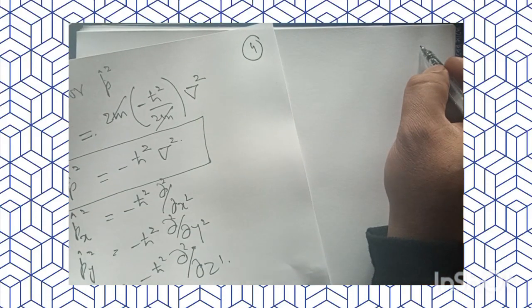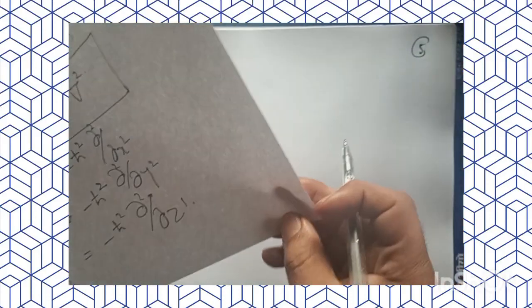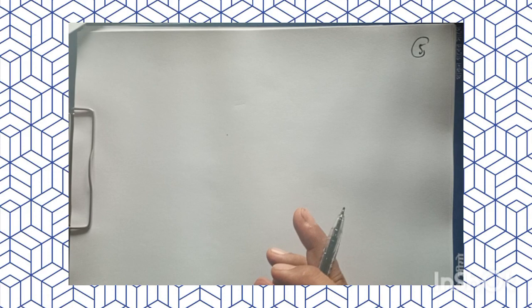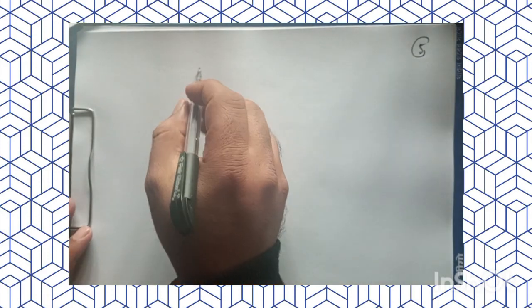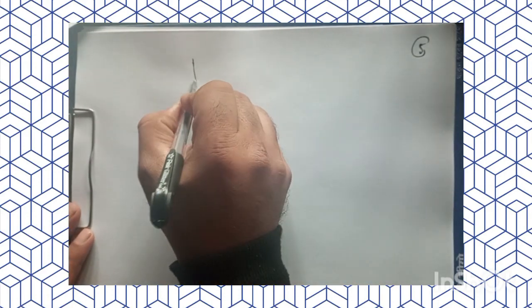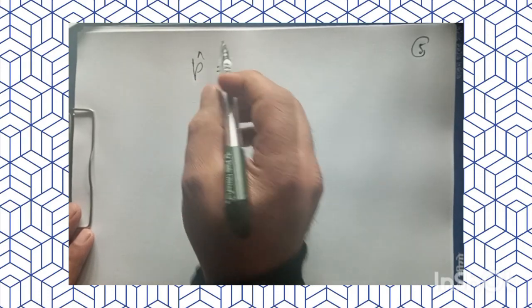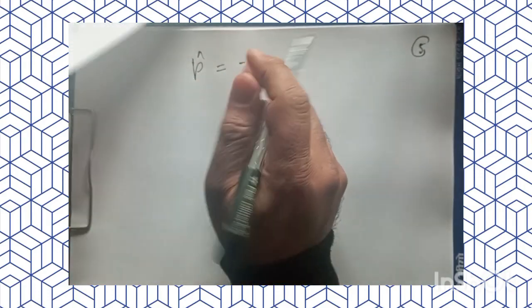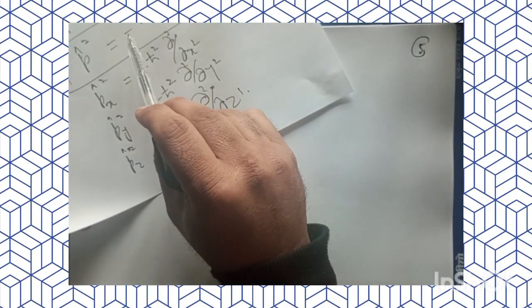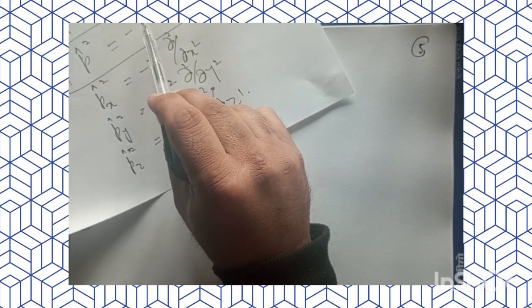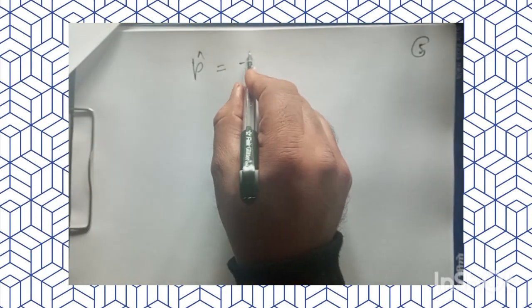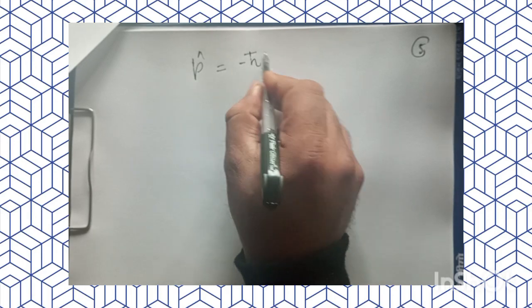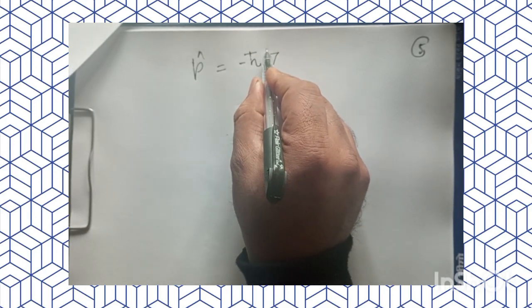So from here, we can have the momentum operator. It will be minus h bar and del.